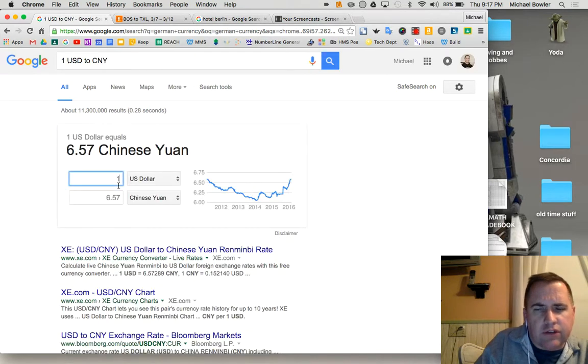The Chinese yuan, 6.57 for $1. So it's not that it's so much more money. It's just that is what $1 would get you in that country, in their currency.